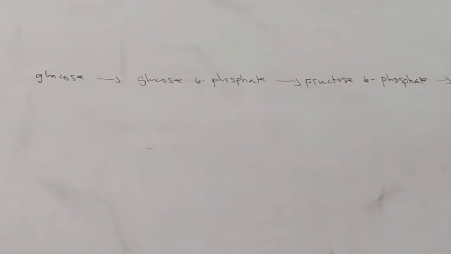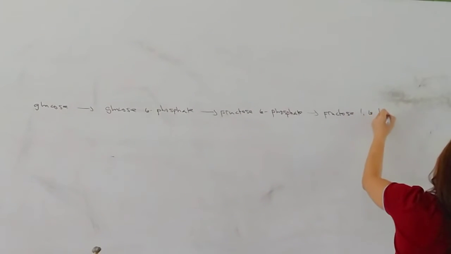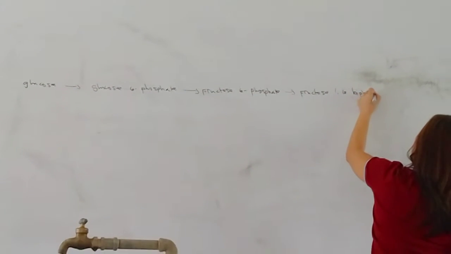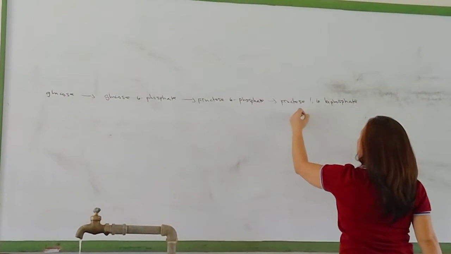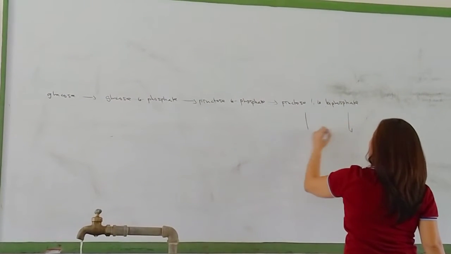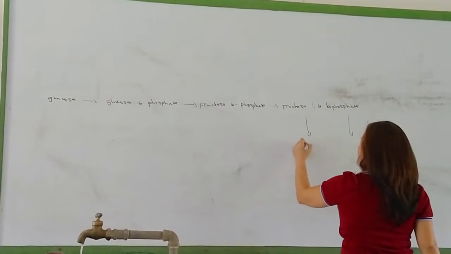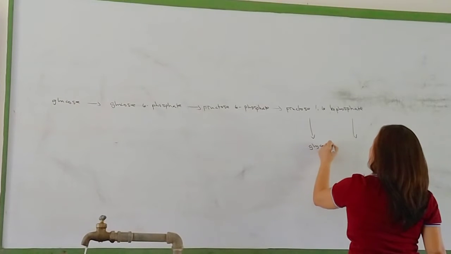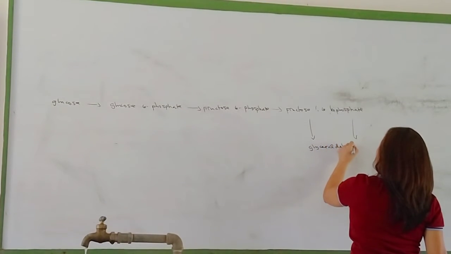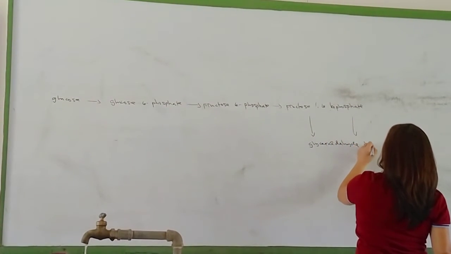Then you have fructose 1,6-bisphosphate, and then this would be broken down into glyceraldehyde 3-phosphate.